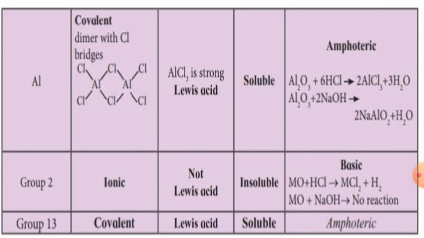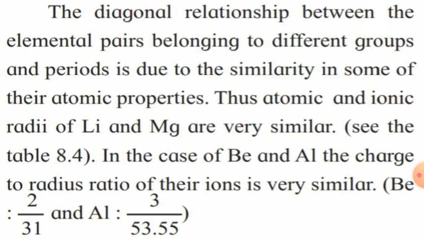Now group 2 elements, when in oxide form, show basic nature. They are basic in nature, while group 13 elements are similar to the properties of beryllium and aluminium, which show amphoteric nature. So these are a few characteristics of beryllium which show a diagonal relationship with aluminium.